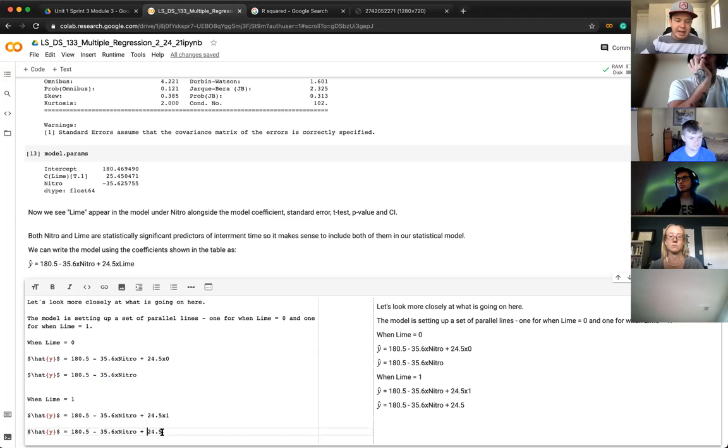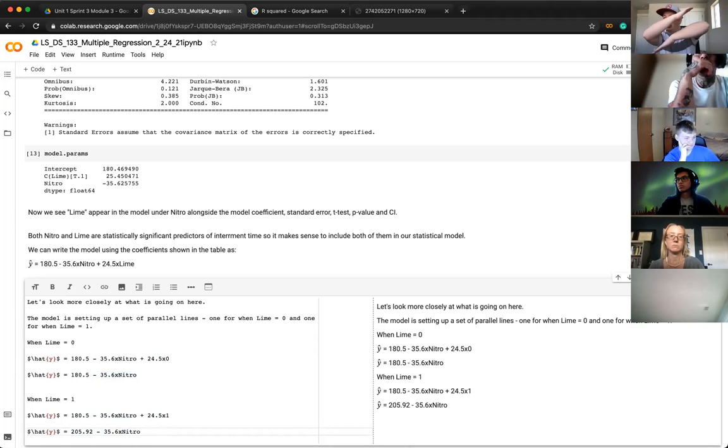Because if you think about it, this line value, all that it does is it gets added to the intercept. It's as if we took this intercept and turned it into 205.92, right? If I took this value and added it to the intercept. Right? So I end up with one equation here with one y-intercept and one equation here with a y-intercept that is 24.5 units higher, right?